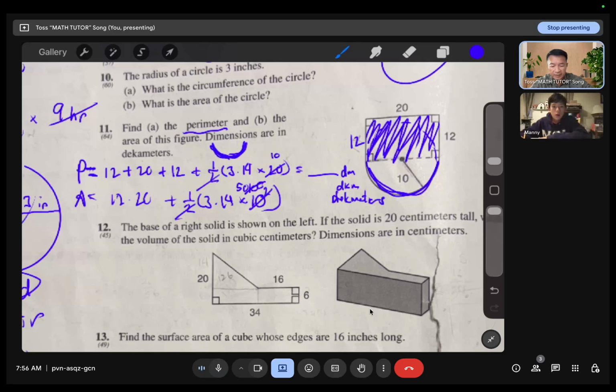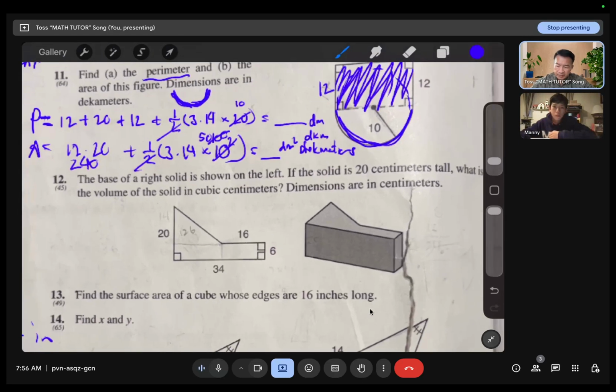And then you can do 50 times 3.14 for that portion, and then add it to the product of 12. Is that okay? So that's going to be 240 here plus 3.14 times 50. And the unit's going to be decameter squared, dm squared. Is that okay? Okay, that's it.